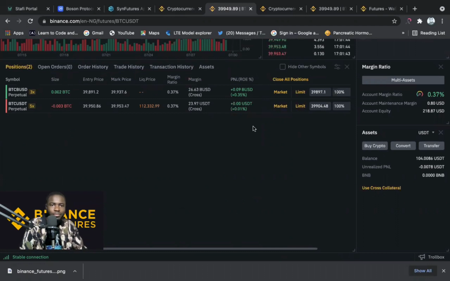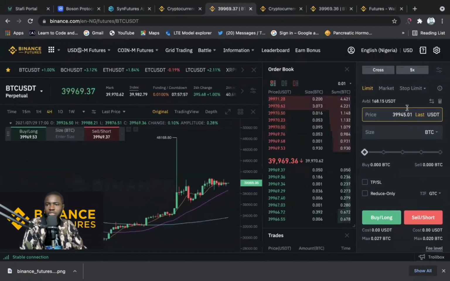So basically what you can see here is that I have opened a position in a BUSD perpetual contract, and I opened a position using USDT perpetual contract, and both of them are utilizing the same margin balance, right? So that's what the multi-asset mode is.